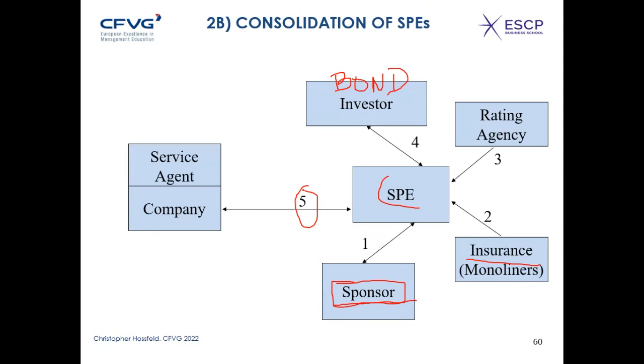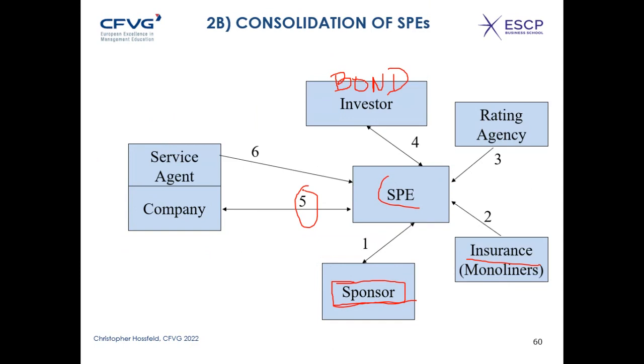And then if we talk about the loan portfolio, the company obviously hires a third party, a service agent, who will cash in the money from the loan clients. Remember, the clients still pay, but this money obviously goes to the SPE. This money now is not destined for the company anymore.